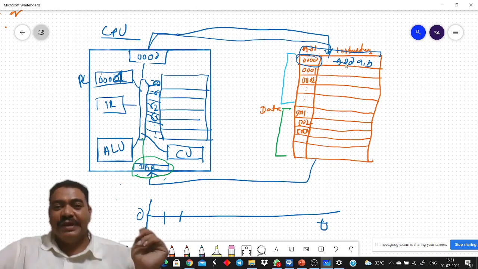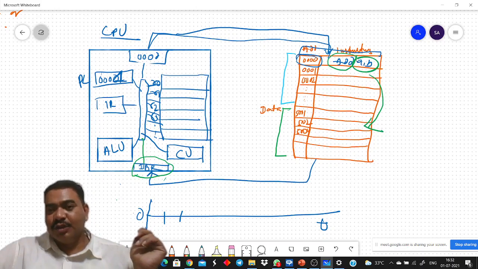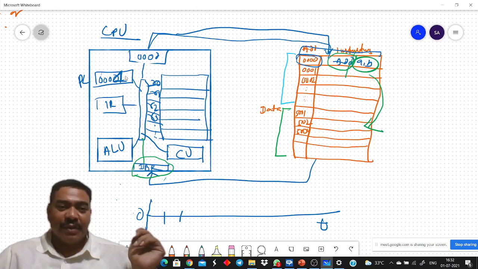It consists of one instruction and some operands, right? This is the operand address, and the operands are actually stored in the data memory. So these two are separated. The instruction part will come to the instruction register and the data part will be stored in one of these registers.